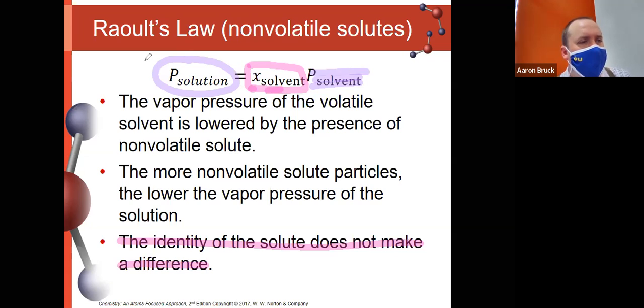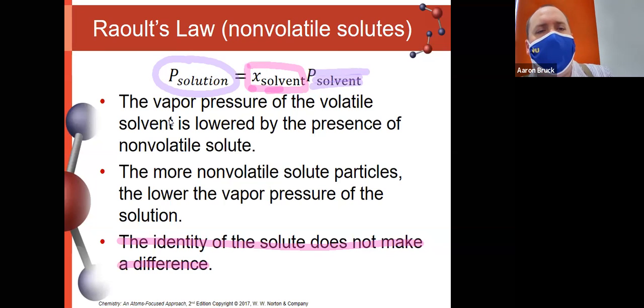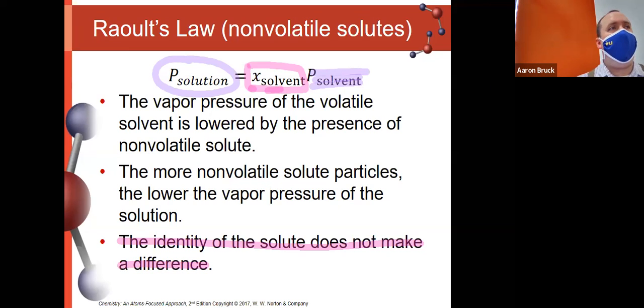So that's Raoult's law if we are dealing with non-volatile solutes. That is, whatever it is that we are dissolving in the liquid is not volatile itself, does not evaporate. So these would be things like salt in water, sugar in water.